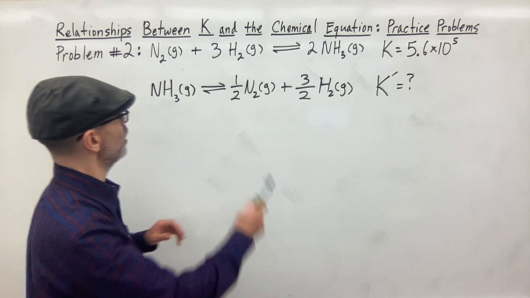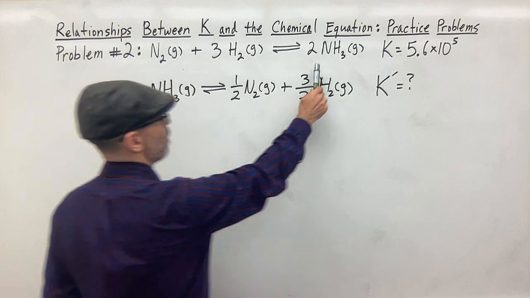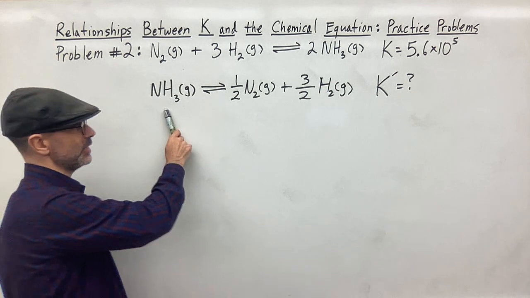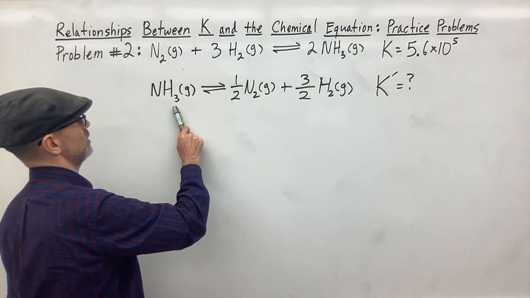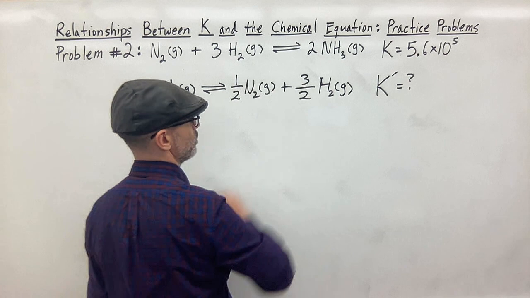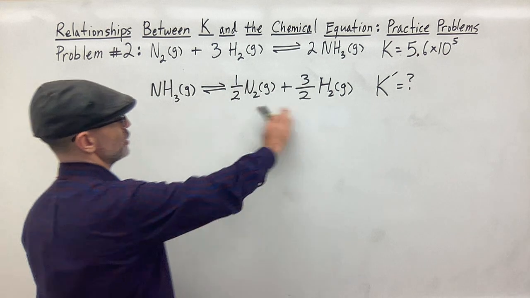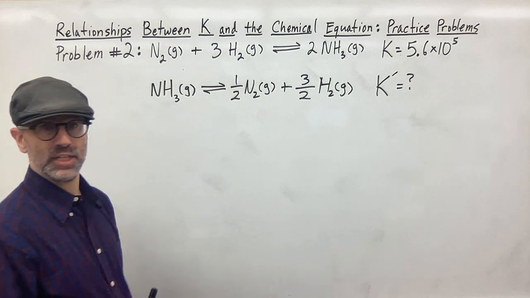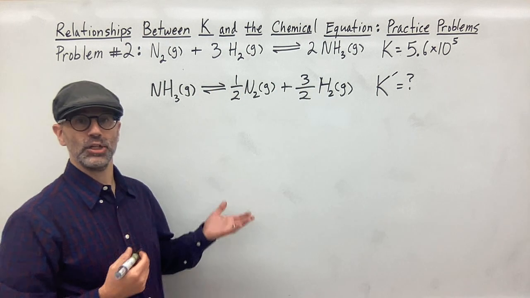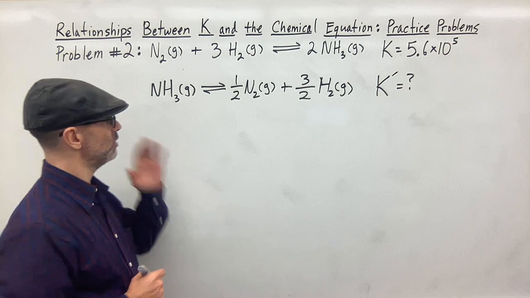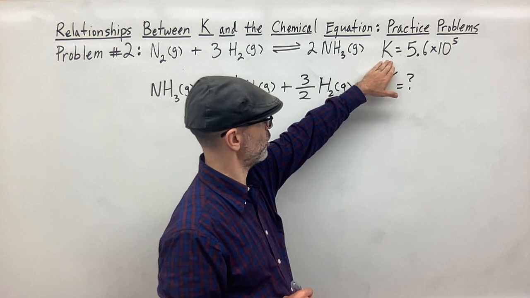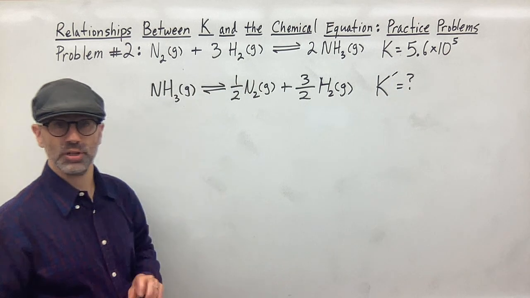So here, the first thing you'll notice is I have ammonia as a reactant here, but here it's a product. Here I have nitrogen and hydrogen as reactants, here I have them as products. So this equation is the flipped version of this equation. That means the first thing I should do is take this equilibrium constant and take the reciprocal of it.